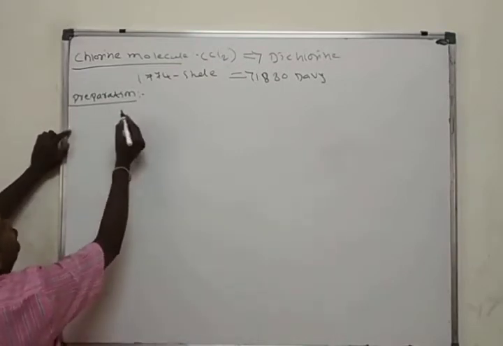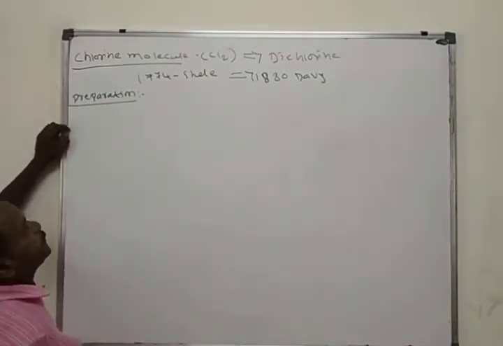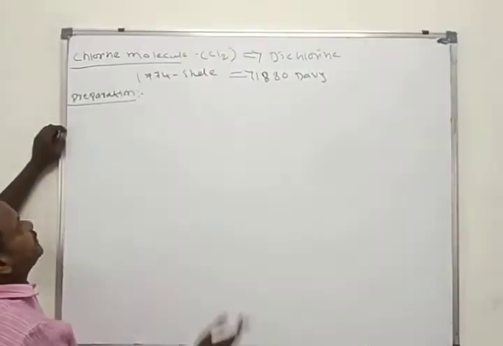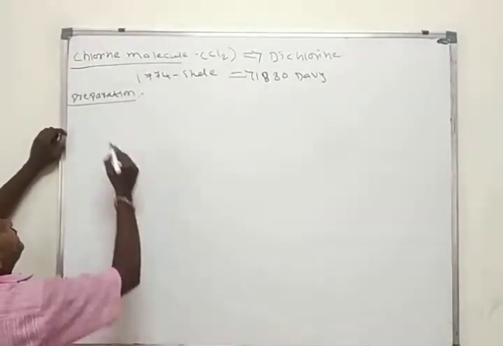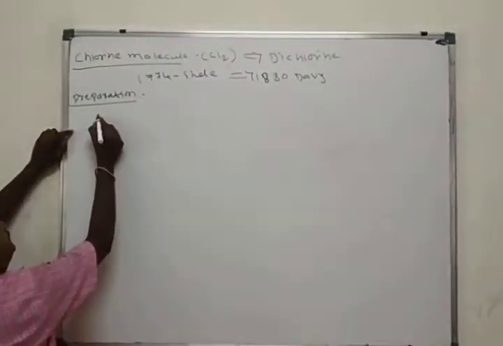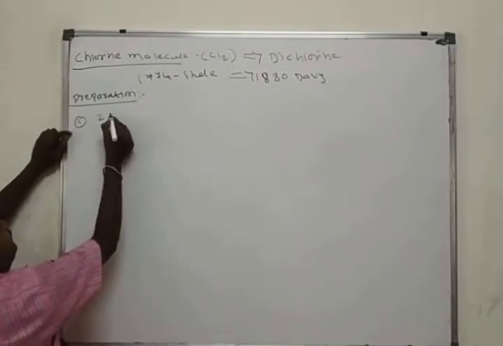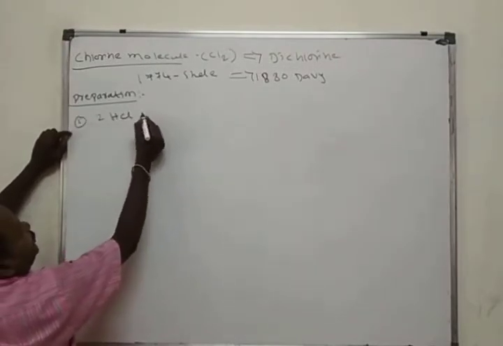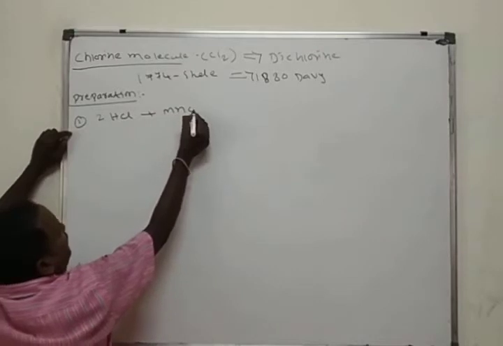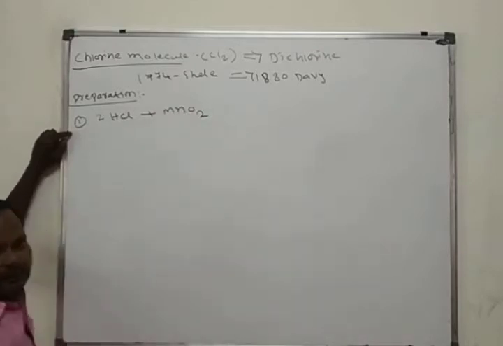The first preparative method, which was explained by Scheele: take 2 moles of hydrochloric acid, which reacts with manganese dioxide.